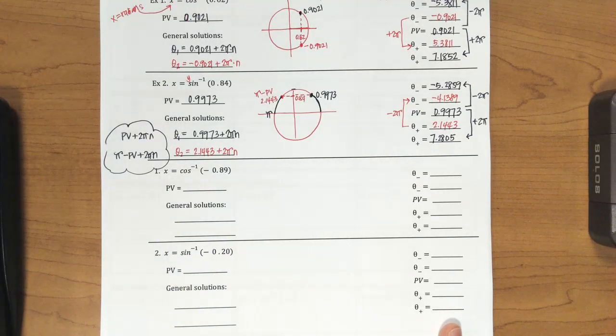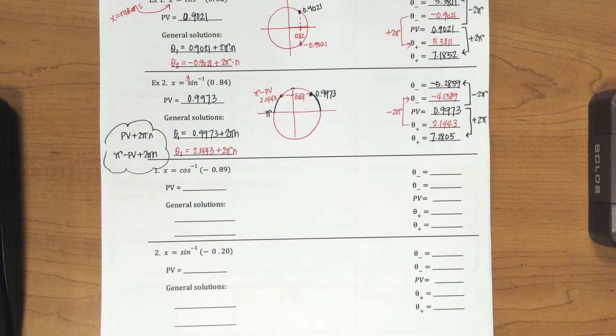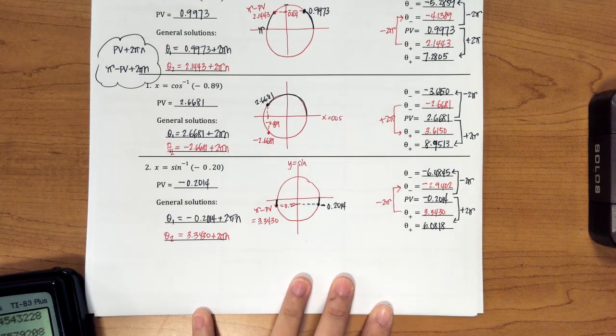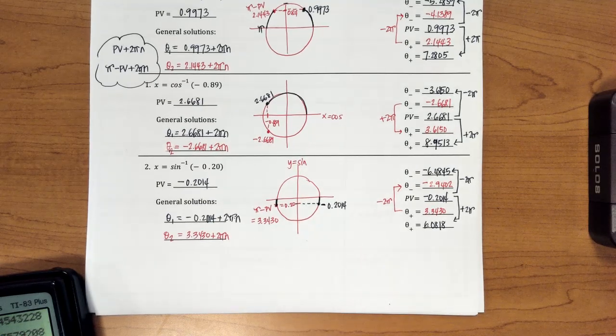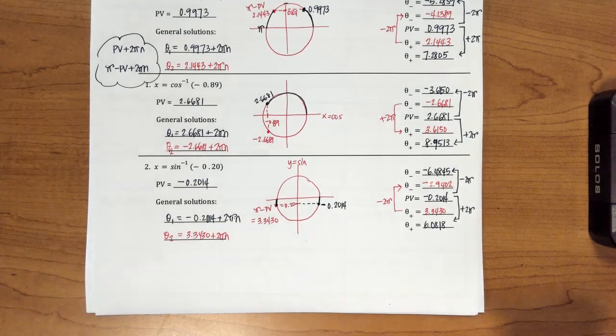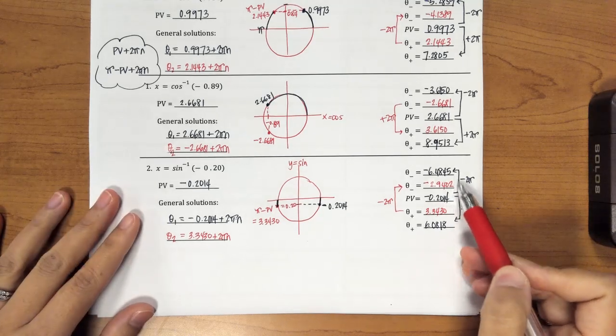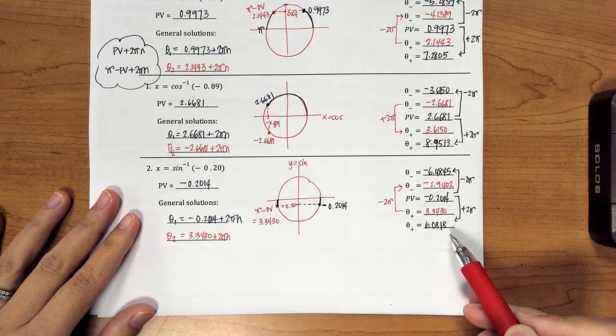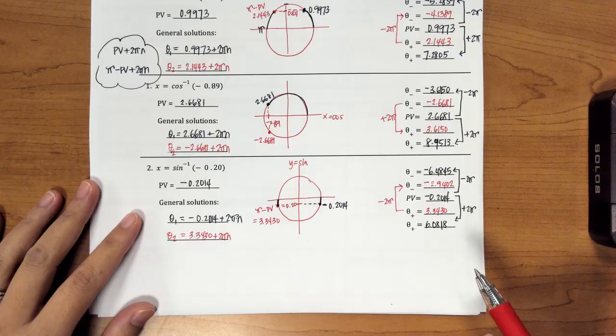So why don't you take a moment and practice 1 and 2? I'll post my answers in just a second for you to check. So pause the video here and check your answers. I am going to be really strict about the decimal values that you get, so please make sure that you use the stored values in your calculator.